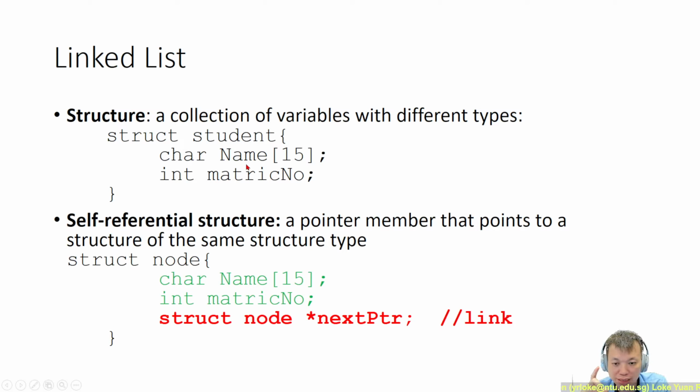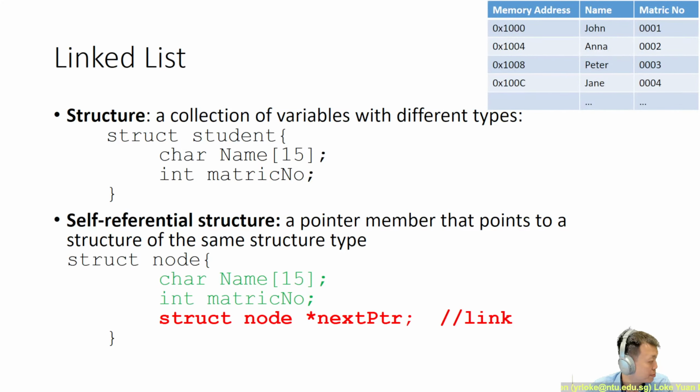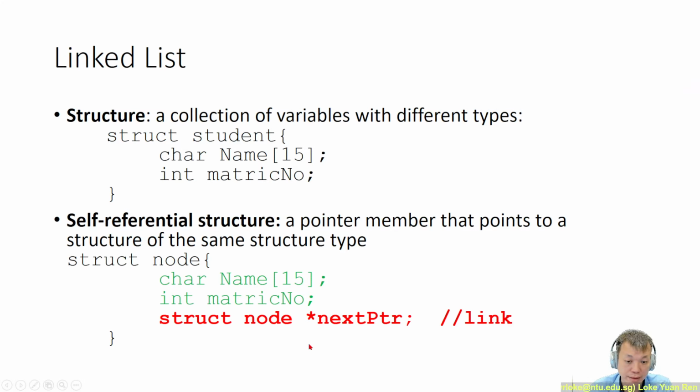There's one important element you need to know: a self-referential structure, where I can also include the same type of pointer, a struct node pointer, in this structure-defined data type. This is a very important element before we cover the linked list on Monday. I will cover this again on Monday.